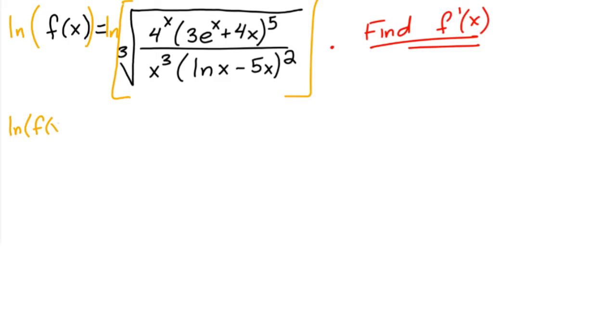So the left side is just going to be natural log of f of x, and this is going to equal to, now this guy right here, this cube root, instead of being cube root, remember, that's the same as the whole thing raised to the 1/3. So I changed that one to the 1/3 because it makes it easier.